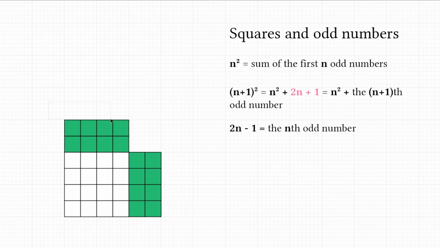But now, since I'm adding not 1 but 2 to the side of the original square, the green rectangles are 2 rows and columns, so they have width 2. And the gap, which used to be a 1 by 1 square, now becomes a 2 by 2 square. So let me do this.